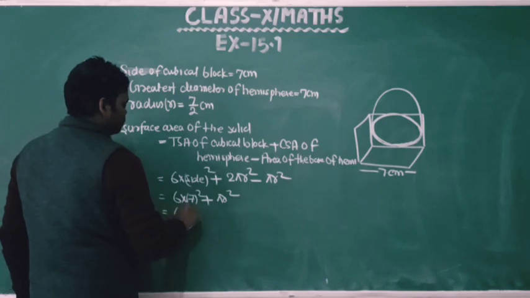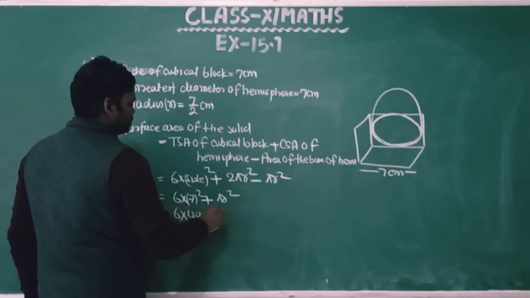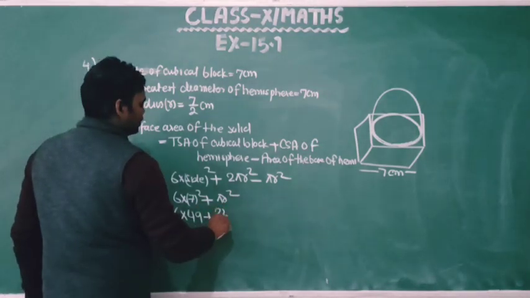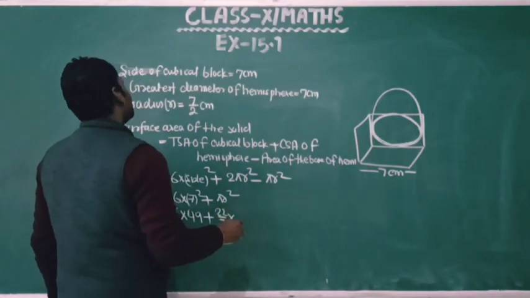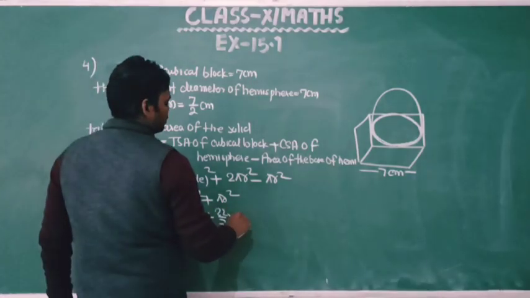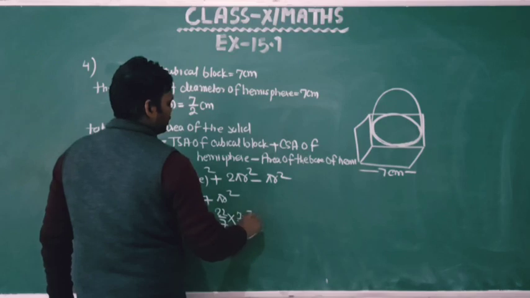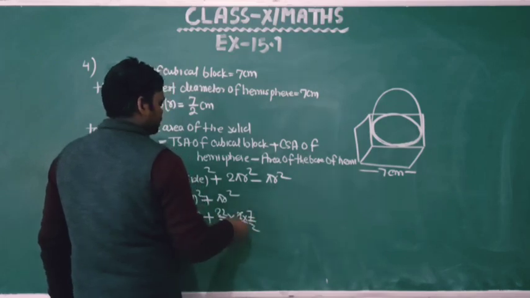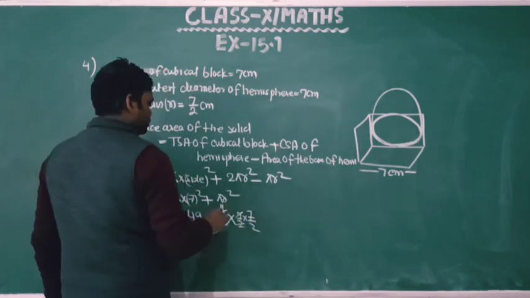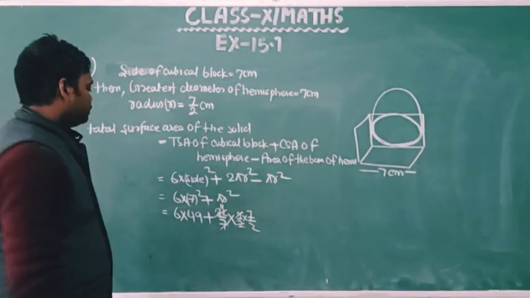So 6 into 49 is 294, plus 22 by 7 into radius 7 by 2 into 7 by 2. 7 and 7 cancel, and this is 22 by 2.